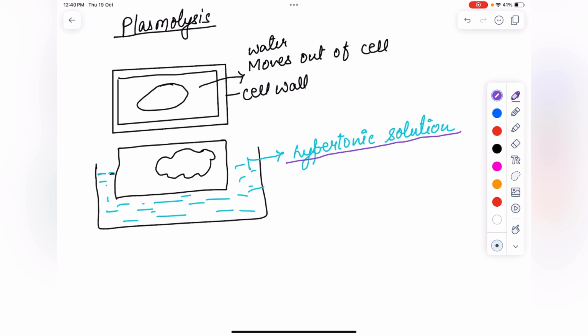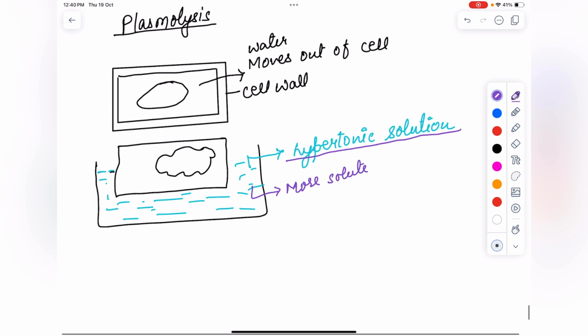Because more solute will be present in this. सॉल्यूट इसमें present होगा तो मूवमेंट किधर होगा? इसका सॉल्यूट पोटेंशियल, water potential कम हो जाएगा and inside the cell the water potential will be more, so the movement will be from higher to lower concentration. तो सेल का जो वाटर है वो बाहर आ जाएगा तो सेल क्या हो जाएगा? श्रिंक कर जाएगा. पहले सेल के साइटोप्लाज्म से वाटर बाहर आएगा, फिर वैक्यूल से भी वाटर बाहर आएगा and it will shrink and this is called plasmolyzed cell.